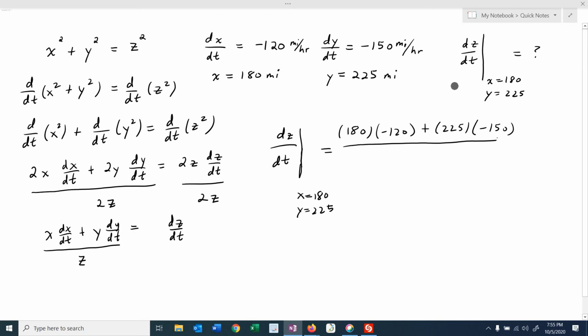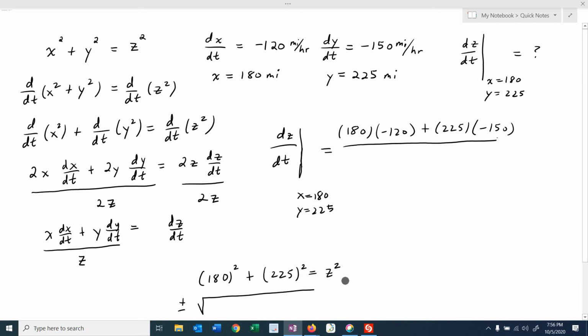Now, we can solve for it because we know x squared plus y squared is equal to z squared, and we know both x and y. And so let's just go and find that. So 180 squared, x squared, plus y squared, has to equal z squared. And then we can take the square root of this.